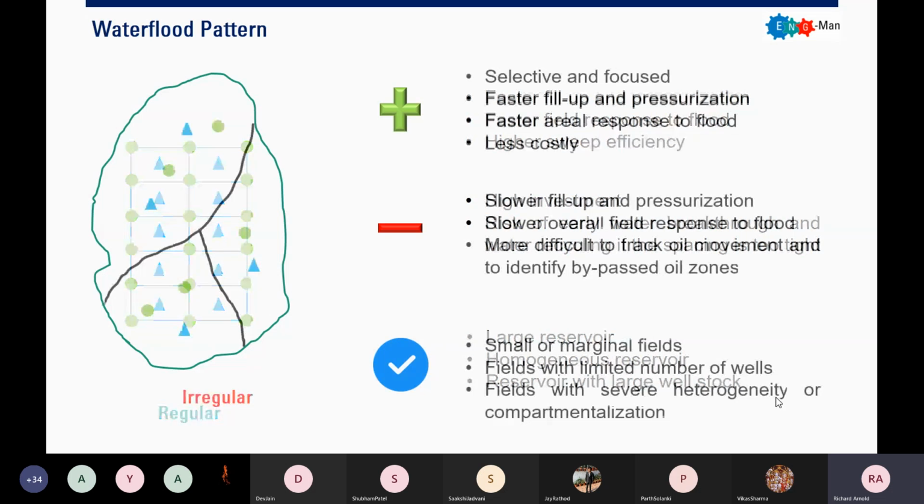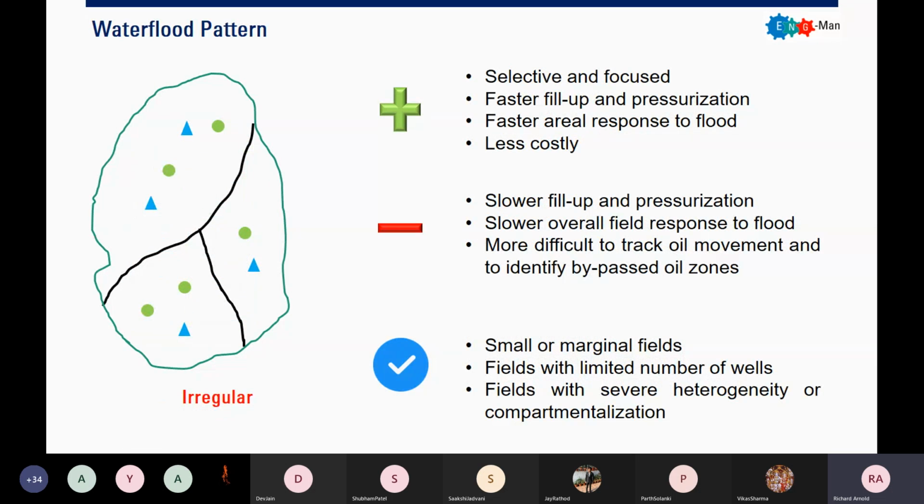But lastly, we also can do irregular pattern water flood. It is more selective. It is focused. Wherever you need pressurization, you can convert your producers into injectors there. You can drill your injectors there.